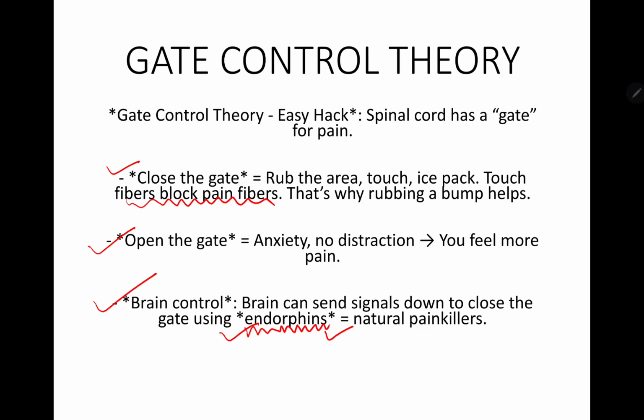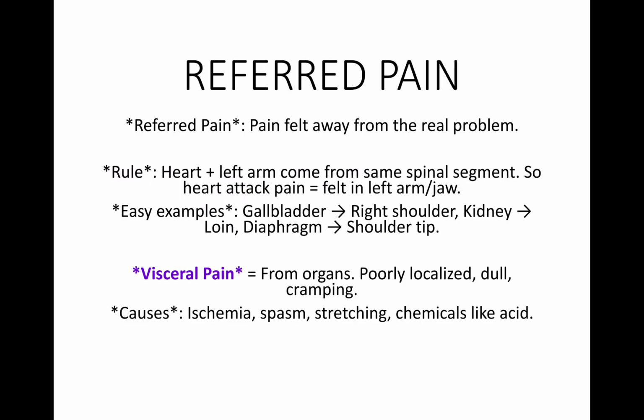Did you understand the gate control now? Next is referred pain. Referred pain is the pain felt away from the real problem. The basic rule: heart and left arm come from the same spinal segment.